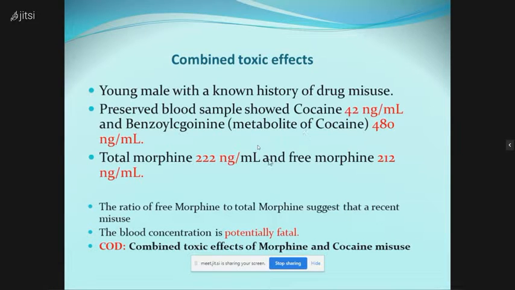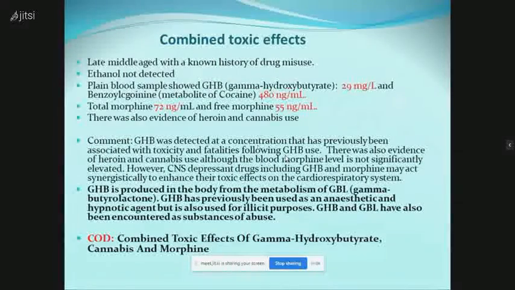The amount of free morphine and morphine by itself can cause death, but here is an example of both cocaine and morphine as a combined toxic effect, and this is the cause of death in this case.